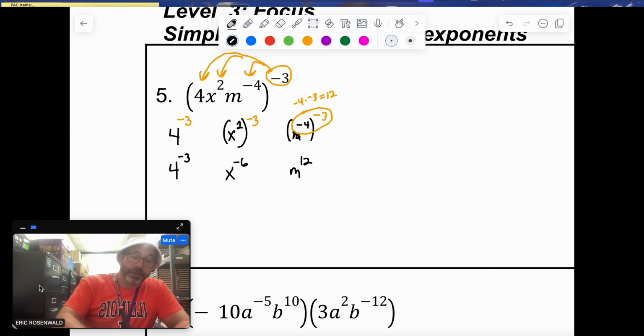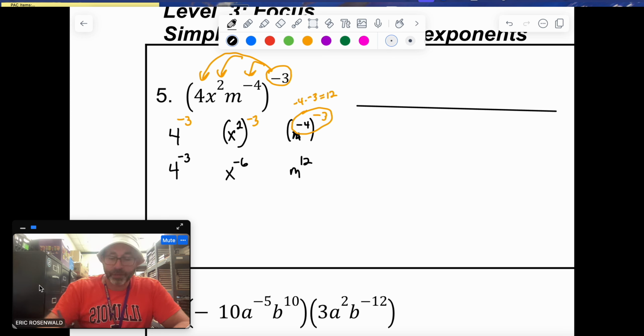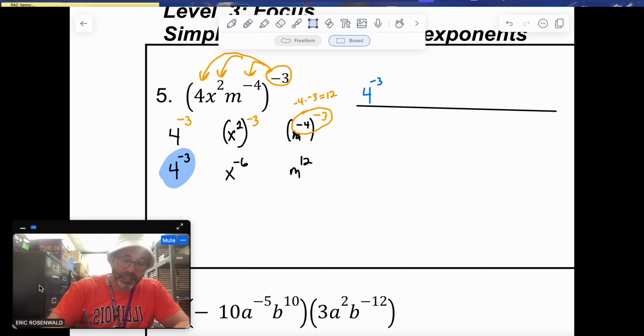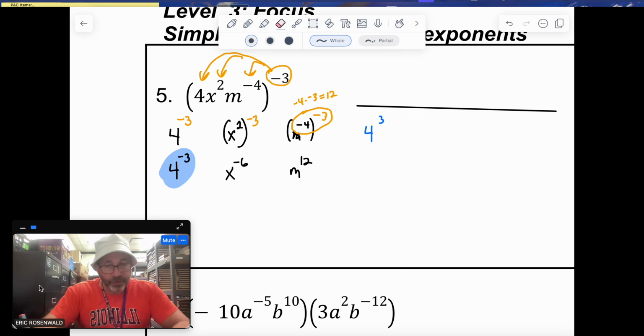But now that we're done doing the distribution, let's go ahead and put each part where they belong. Okay? So 4 to the negative 3. Now that's a negative exponent. Watch what's going to happen here. That 4 to the negative 3, because it's a negative exponent, is going to move. And it moves down to the bottom, and it's going to become a positive 3 right there. Okay?